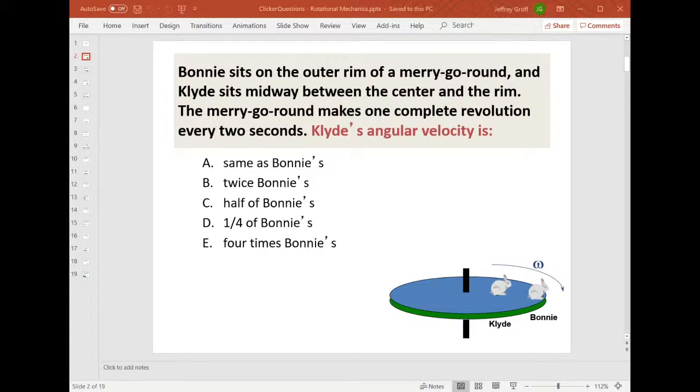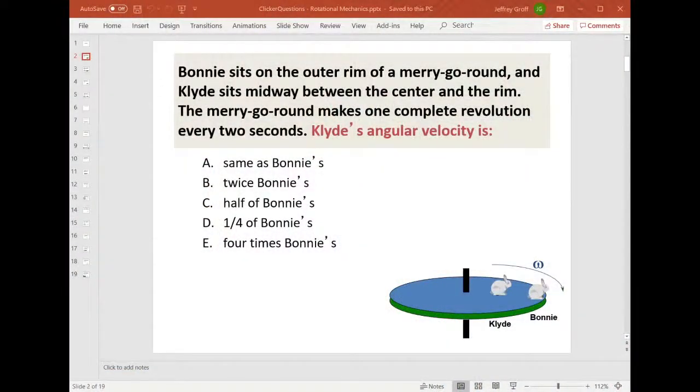So, can you figure out what the angular velocity is? 1 revolution every 2 seconds. So, that's a measure of angular speed, revolutions per second, but we want units of radians per second. So if you complete 1 revolution every 2 seconds, you go 2 pi radians every 2 seconds.